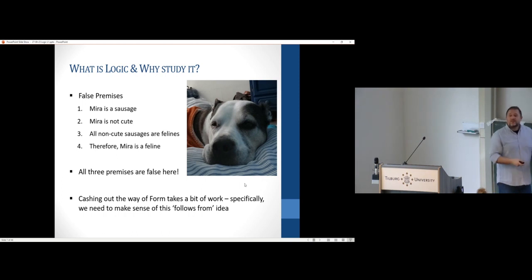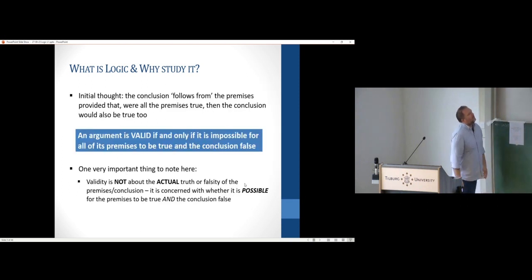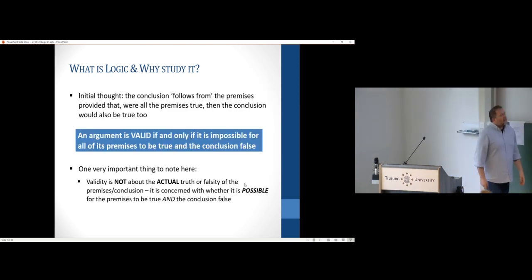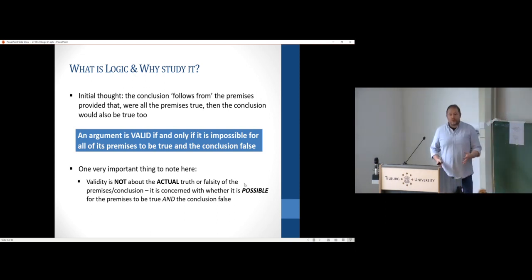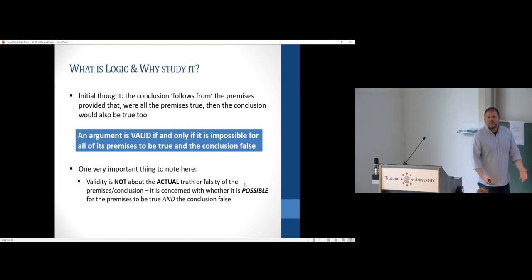But then what we talk about is, again, the individual sentence. If we move to talking about the argument, we want to talk about its form, its structure. Is it good or bad? Is it valid or is it invalid? The other thing to note is that validity isn't concerned with the actual truth or falsity of the premises and conclusion. It's concerned with whether it's possible for the premises to be true and the conclusion false.